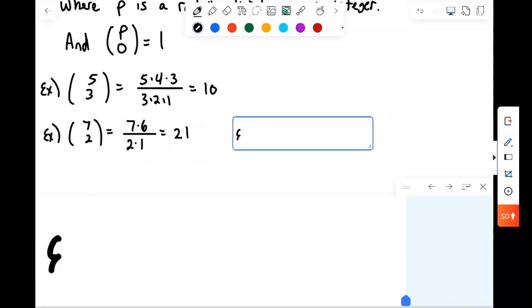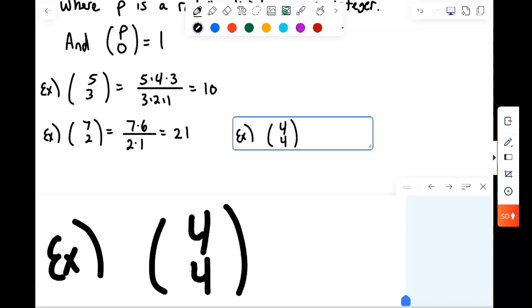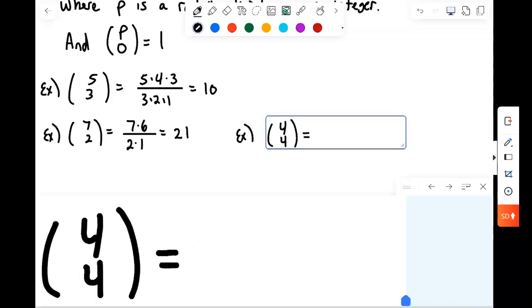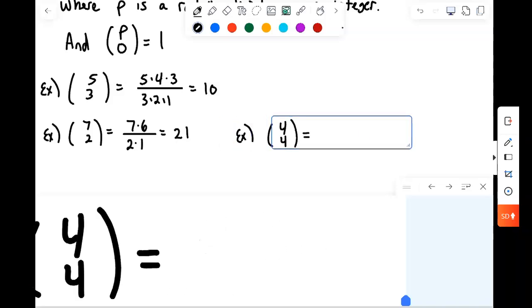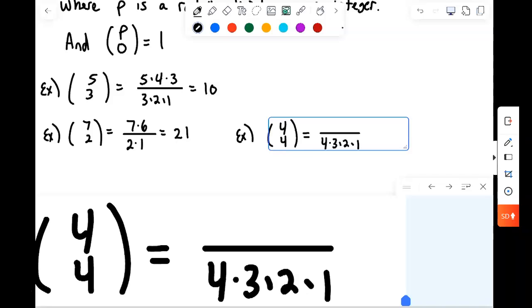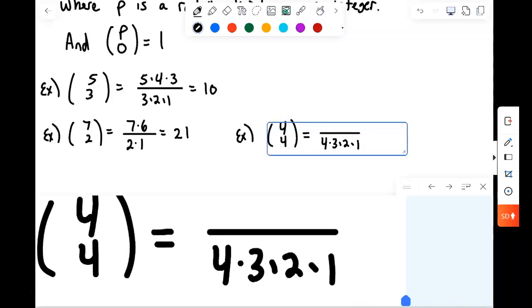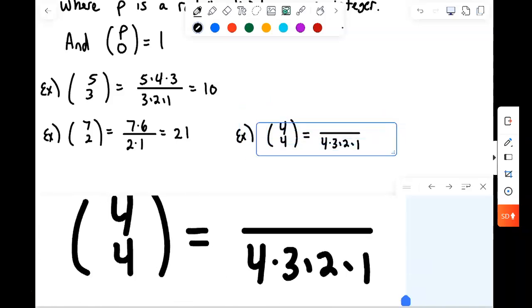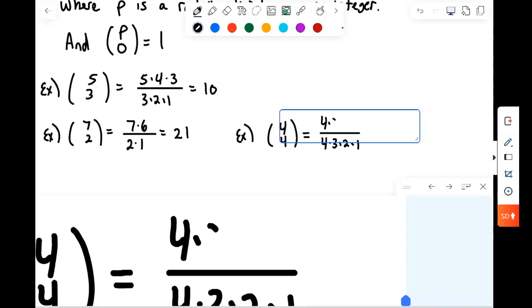If you ever apply the binomial coefficient to the actual number, like 4 choose 4, we would have 4 factorial on the bottom, 4 times 3 times 2 times 1, and the top would go down until you get 1 more than 4 minus 4, which would be 4 times 3 times 2 times 1.